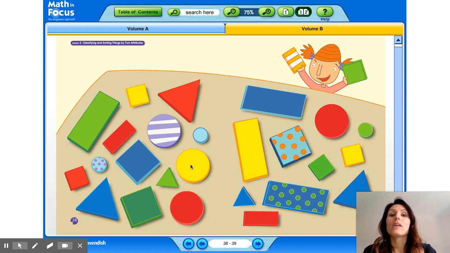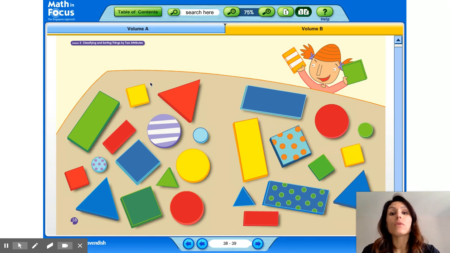So they only had one thing that was the same. You could do it with lots of different examples. You could go through this whole entire page using all of these blocks, and you could come up with all the different examples of how the shapes are the same or different. And you could come up with lots of different combinations of activities.